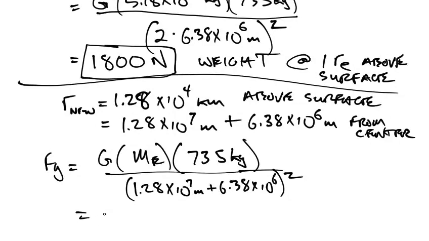Here we go. 6.67 EE negative 11, times the mass of the Earth 5.98 EE 24, times 735, divided by 1.28 EE 7 plus 6.38 EE 6, squared. Answer: 797 newtons.